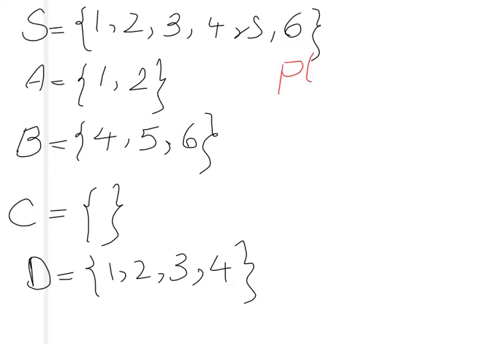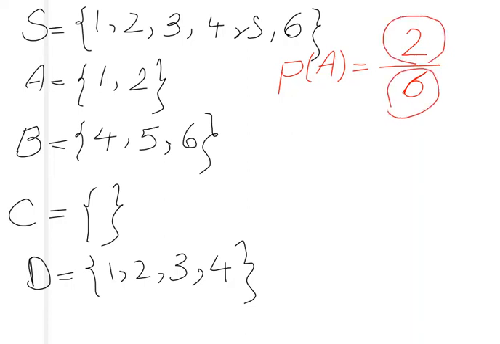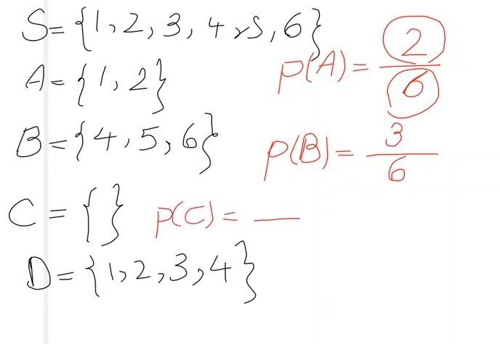So the probability of A is 2 outcomes or 2 simple events over the 1, 2, 3, 4, 5, 6 simple events in S. The number of outcomes in A over the number of outcomes in S; the probability of B, again the number of outcomes in B over the number of outcomes in S; the probability of C, the number of outcomes in C over the number of outcomes in S. All of us know that from proposition 1, the probability of a null event is 0.